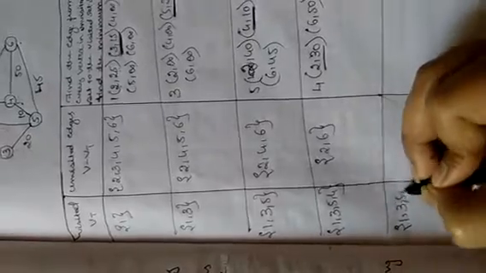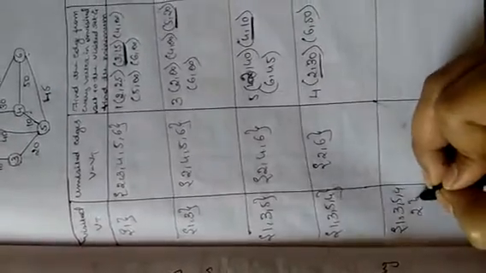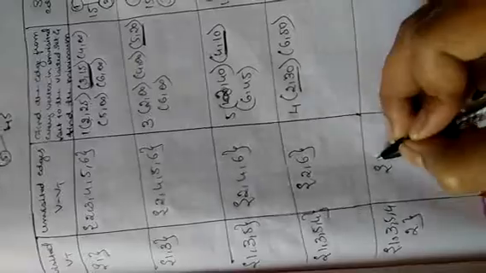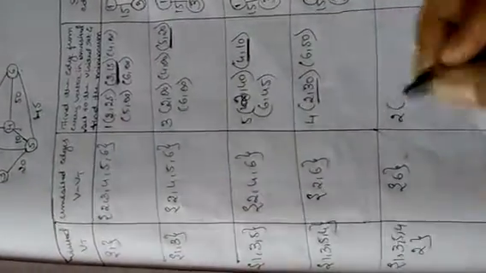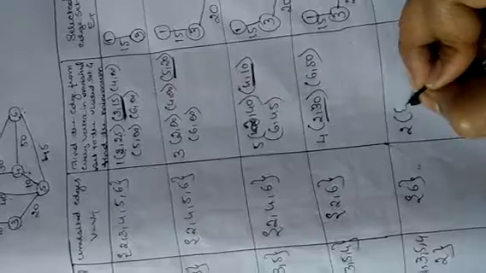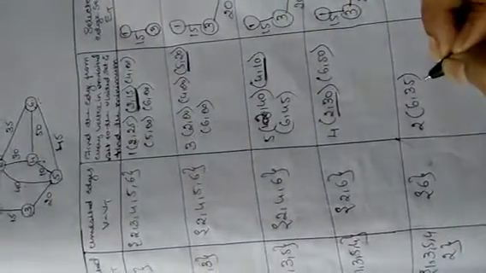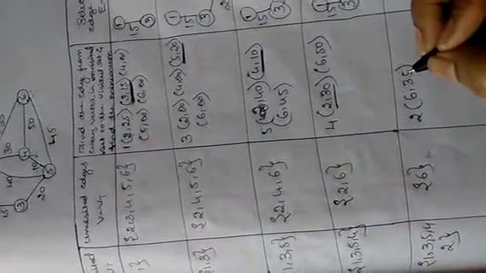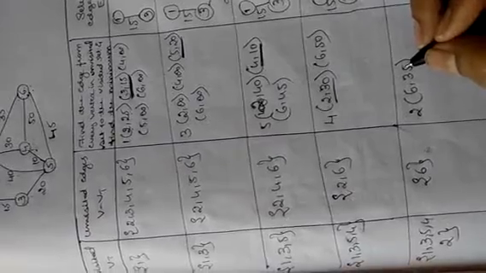Next, 1, 3, 5, 4 and 2 are visited. Only 6 is unvisited now. Now from 2 you have to take, only 6 is pending. From 2 to 6, is there any edge? Yes, that is 35. So I'll just take this one.